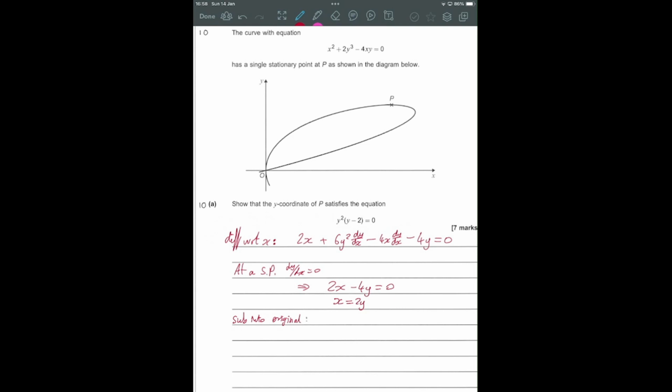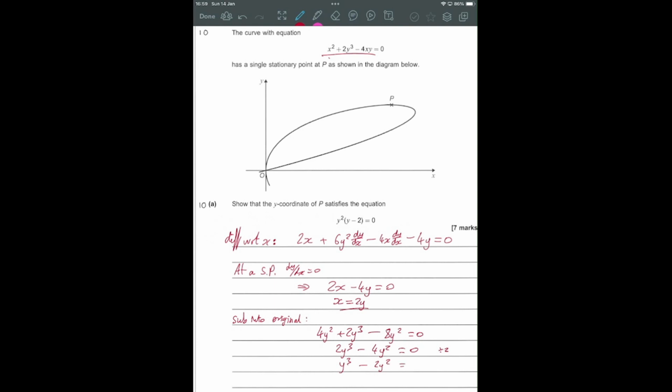My x and y coordinates have to satisfy both the original and this new thing. So subbing it in, the x squared is going to become 4y squared, plus 2y cubed, minus 4 lots of this 2y times y, that's minus 8y squared, equals 0. That's 2y cubed minus 4y squared equals 0. I'm going to divide through by 2.